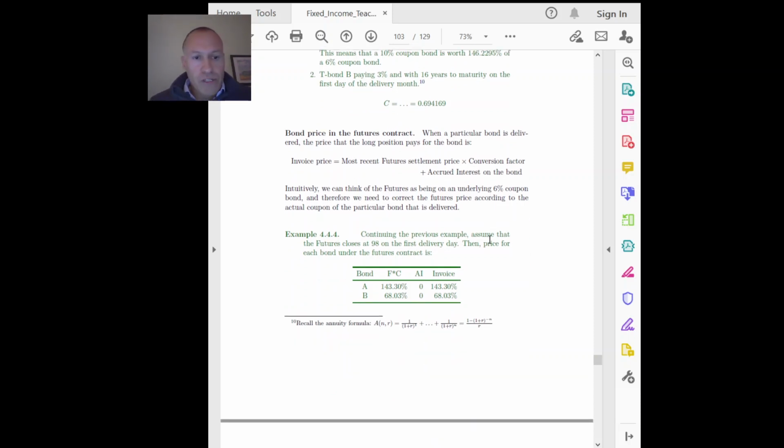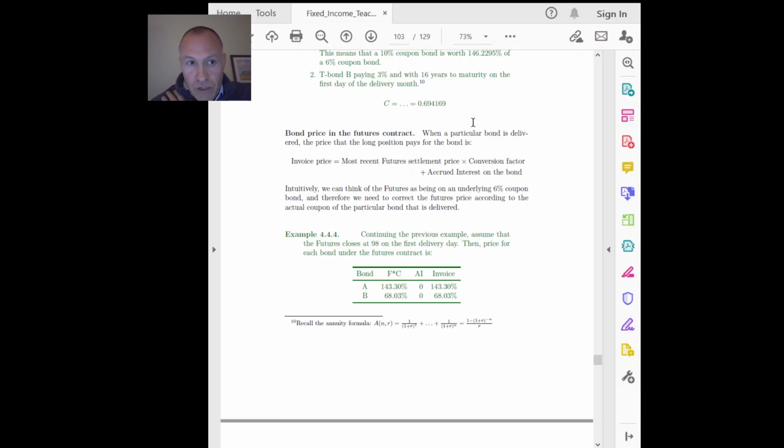So for example, suppose that the futures closes at 98, right? So what would be the invoice price that I would get, or the short would get, for each of these two bonds that we just saw in the previous example? Well, it is just this 98, the futures price, times the conversion factor of each bond.